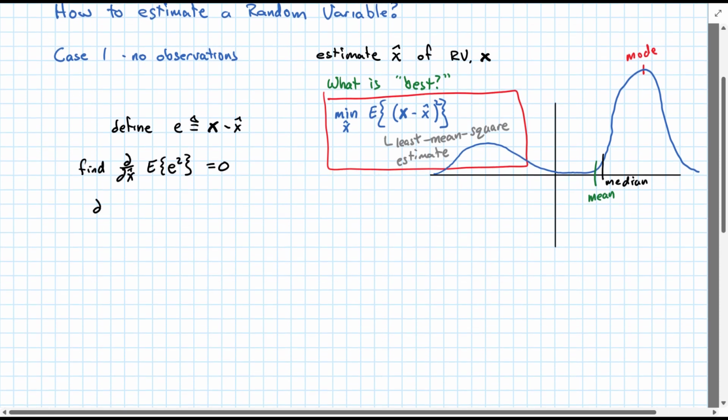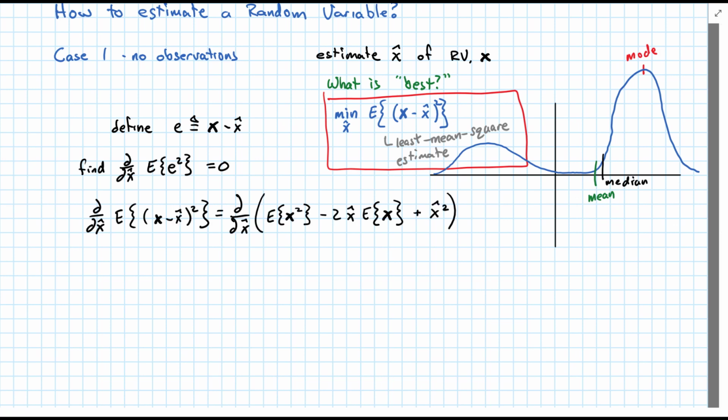Pushing through, we get this expression. So, of course, x hat here is not the random variable, so it passes out of the expectation. And we know some of these quantities.